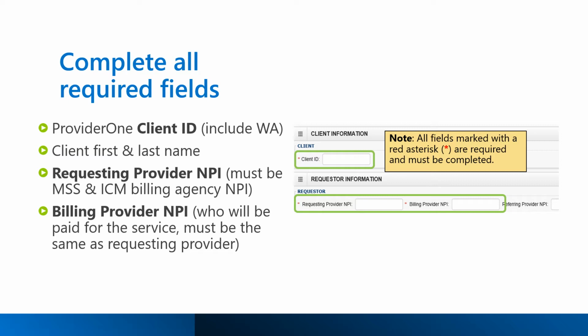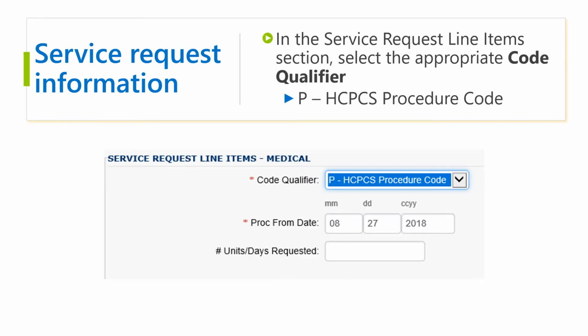This is the NPI that the services will be paid to. The requesting provider and billing provider NPIs should be the same. Do not enter an individual servicing provider's NPI. Use the agency's approved MSS and ICM NPI that will be used to bill claims.